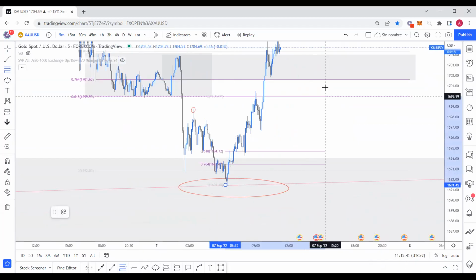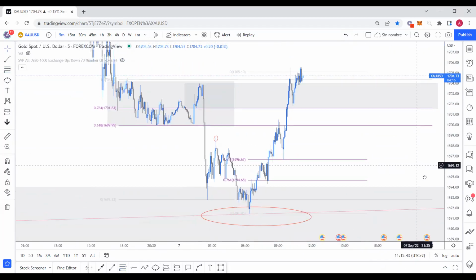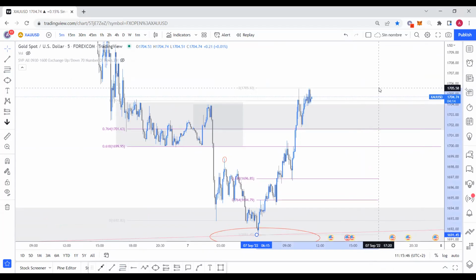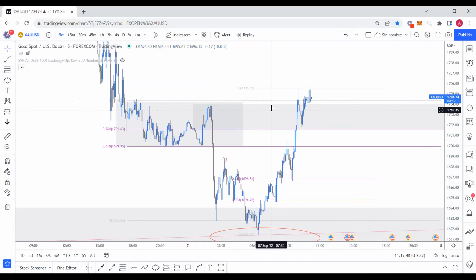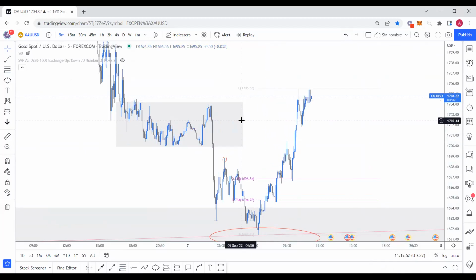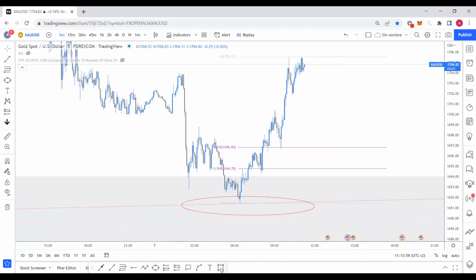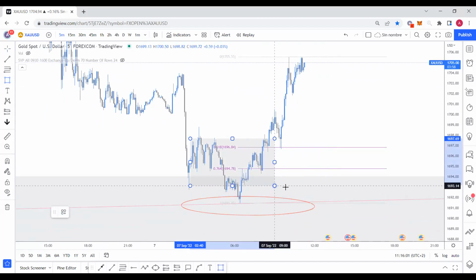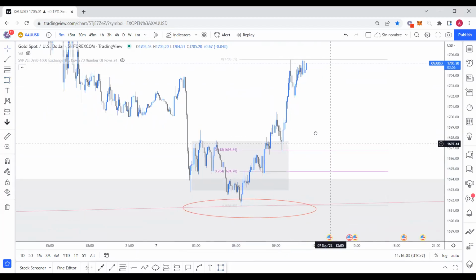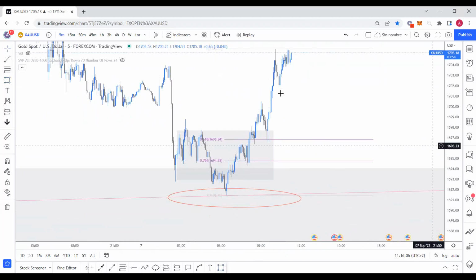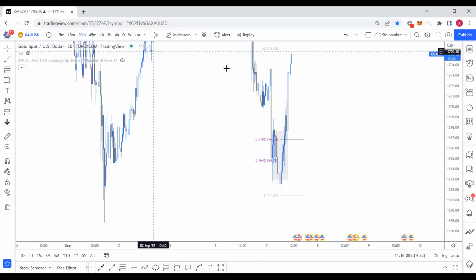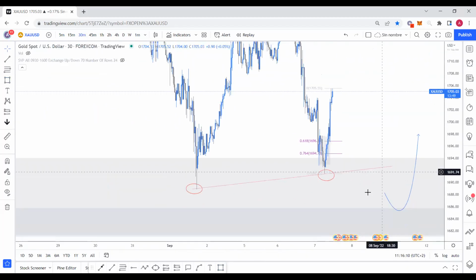Okay, if we trim our feed, let me delete all of this then. Price has created a range right here. Ideally, I would expect price to do a liquidity grab down to this area, okay?